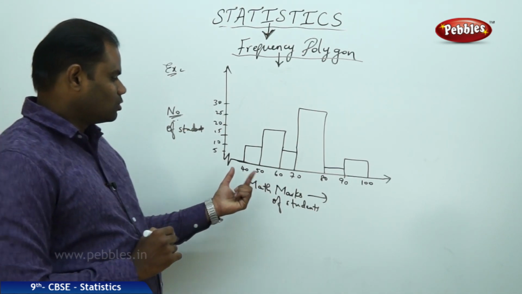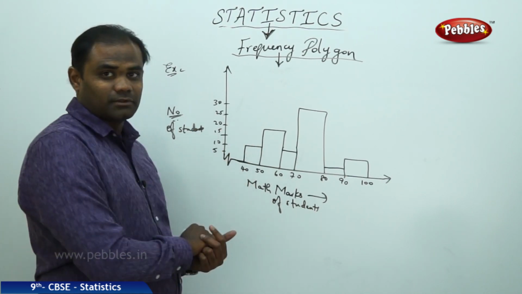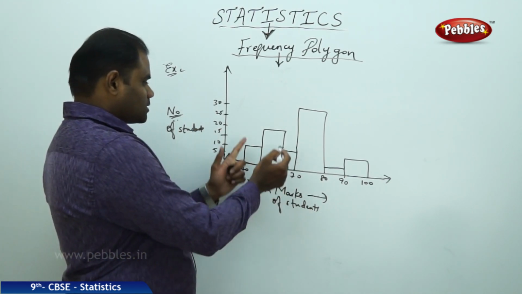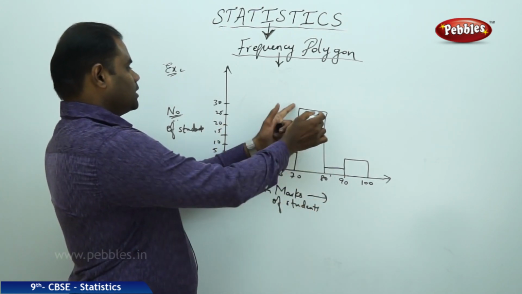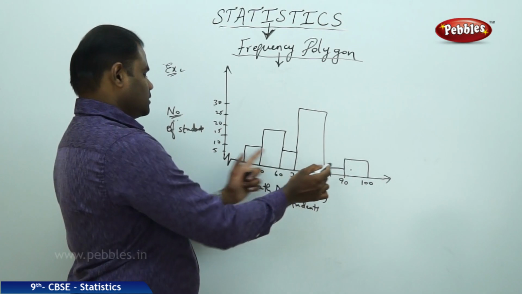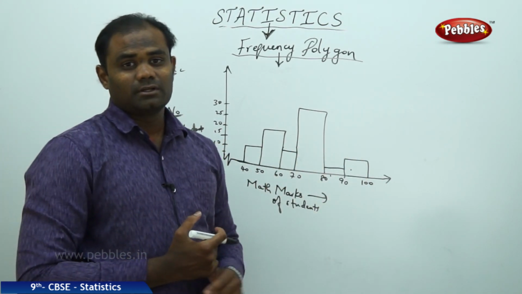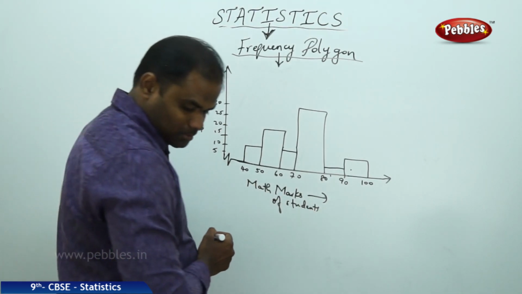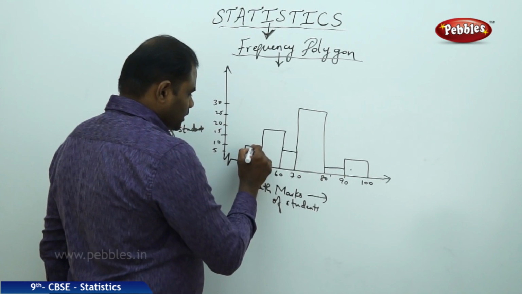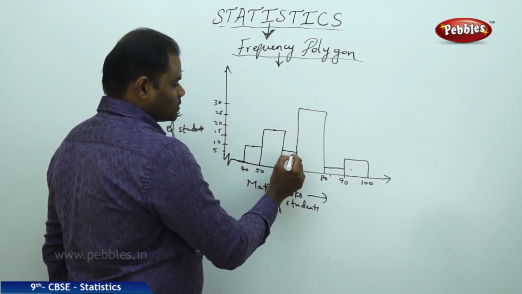So the students who got marks between 40 and 50 is 10, is how we understand the frequency table. And who got 50 to 60 is 20, 60 to 70 is 10, 70 to 80 is 30, 80 to 90 is 5, 90 to 100 is 10, is how we understand this histogram. So a frequency polygon is obtained when I join all the midpoints of the width of the histogram.